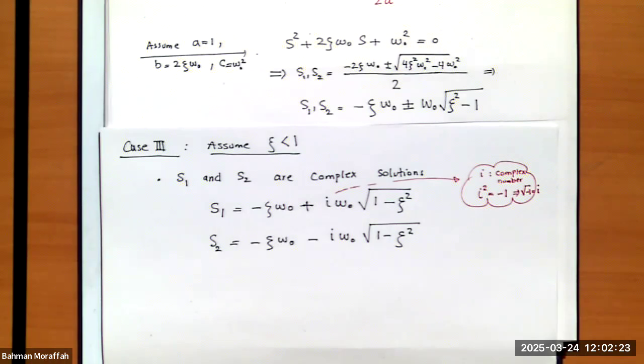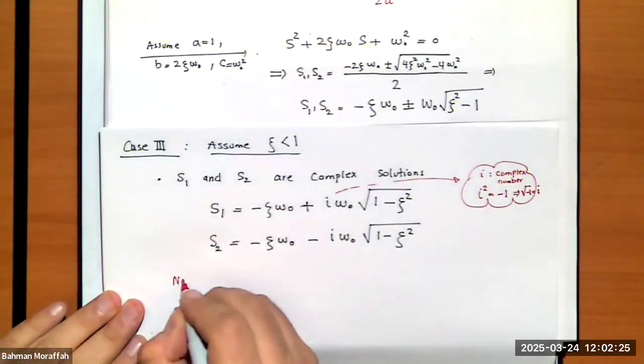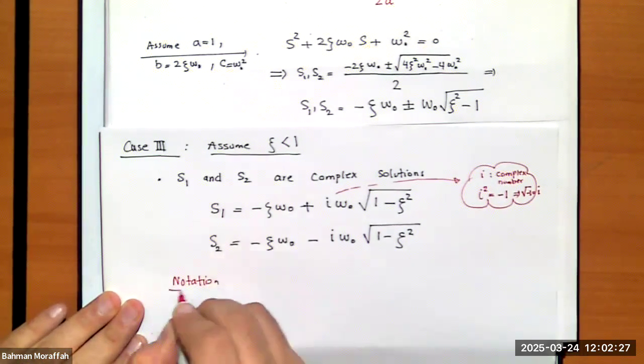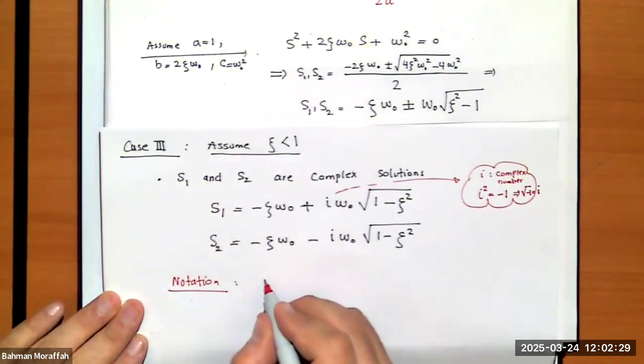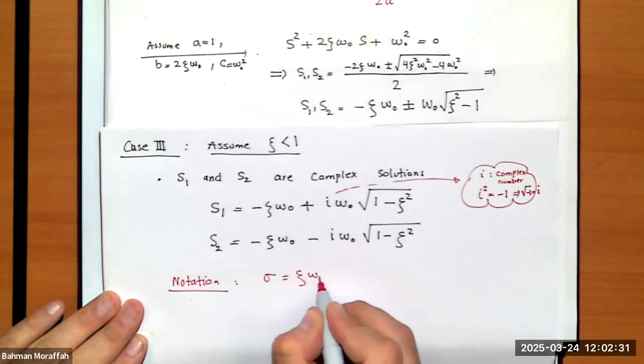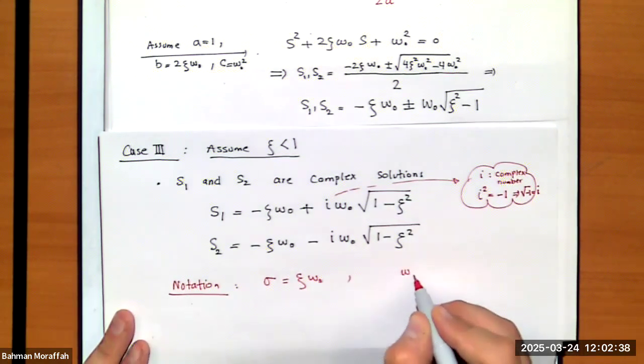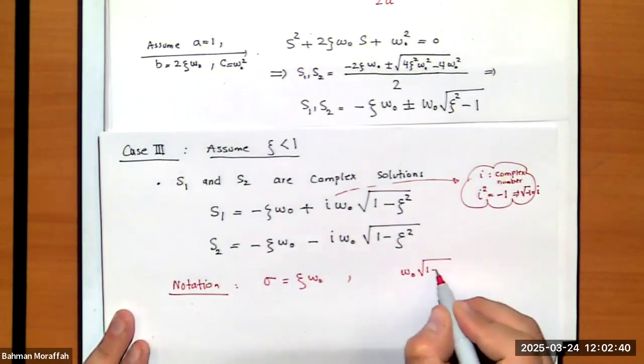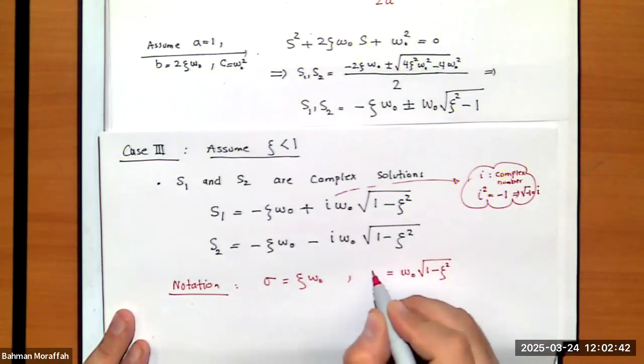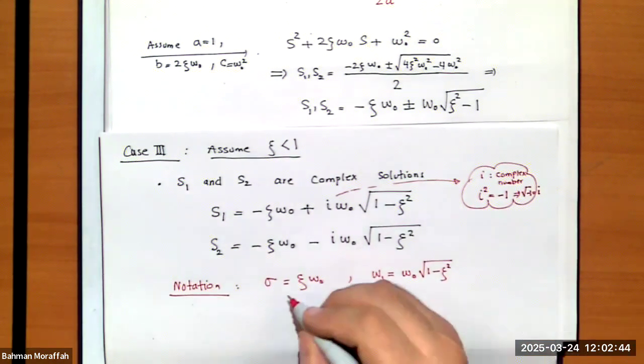Let's have a little bit of notation here. Let's just call C omega naught sigma, and omega naught times the square root of 1 minus C squared omega d. This is what we define.